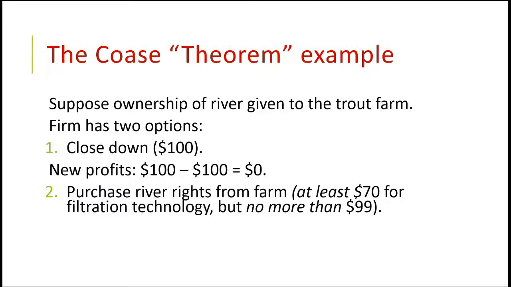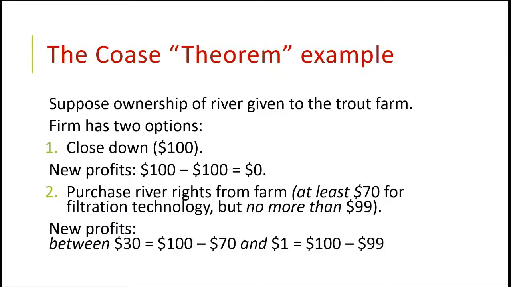On the other hand, the factory would be willing to offer no more than $99. If it offered $100, it would make no profit. There's no difference between offering $100 to the trout farm for the rights to the river and just closing down. So it offers, say, a maximum of $99. So somewhere in between there, they could haggle and higgle away and come to some price.